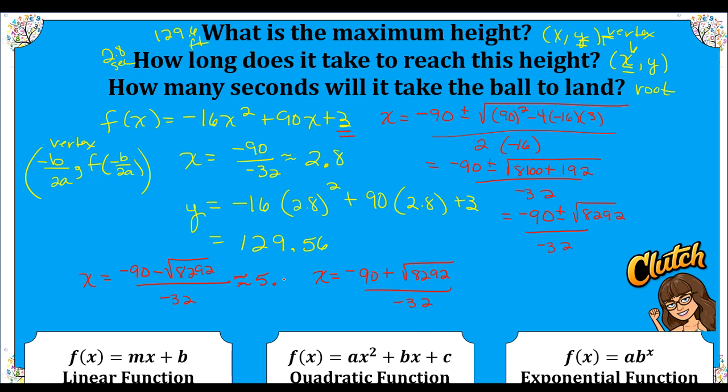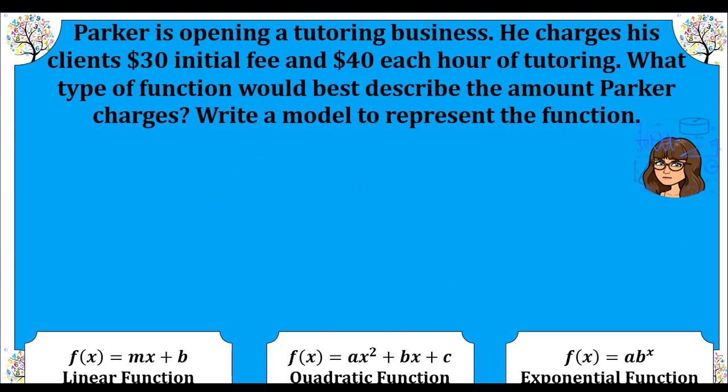Let's round to the tenth and say 5.7. Now look, this is positive. I already know the other root is going to be negative, so I'm not going to go through that. You can if you want, but it will be irrelevant. So it takes about 5.7 seconds for Addison's ball to hit the ground.